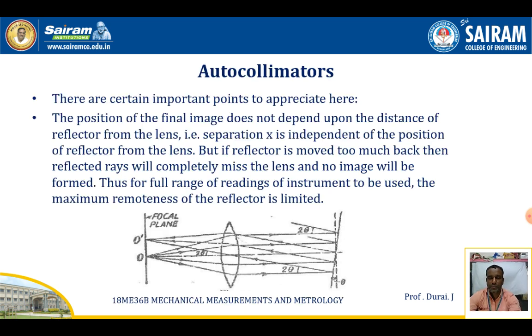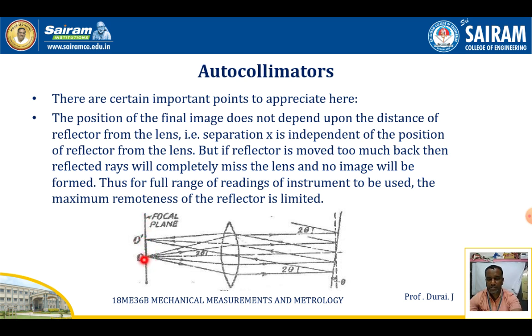In the second drawing, if the beam is pointed here and reflected back from the tilted component, it is placed on the O dash plane, that is the focal plane at the O dash point.